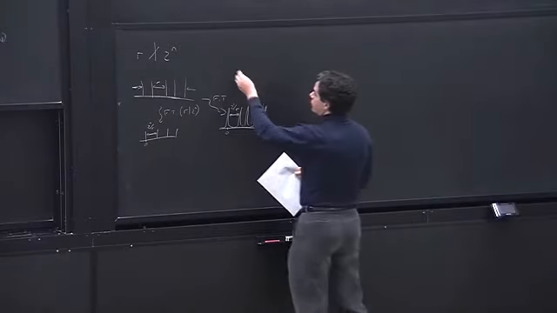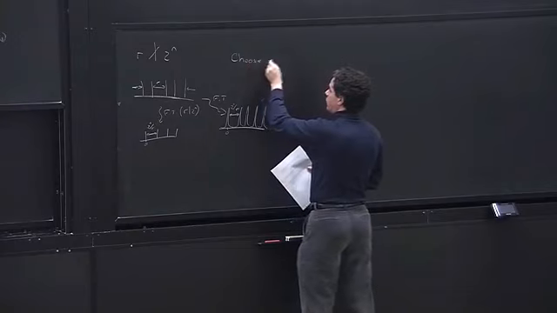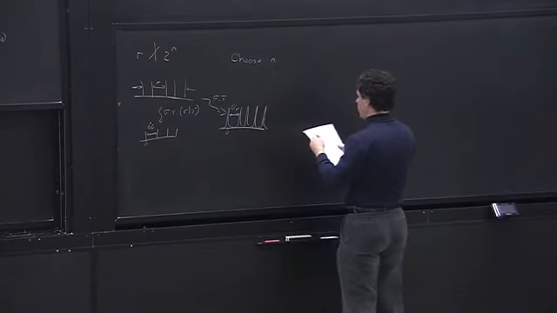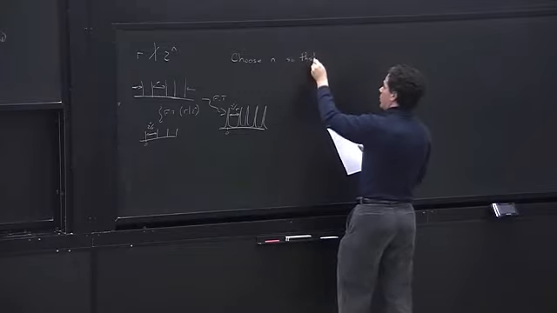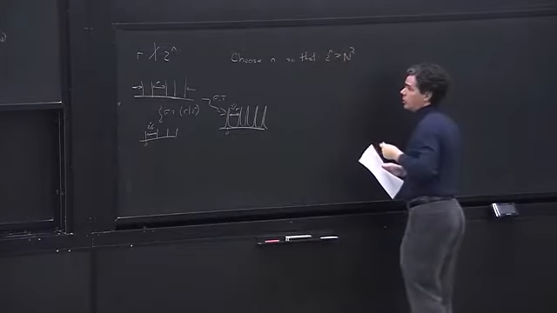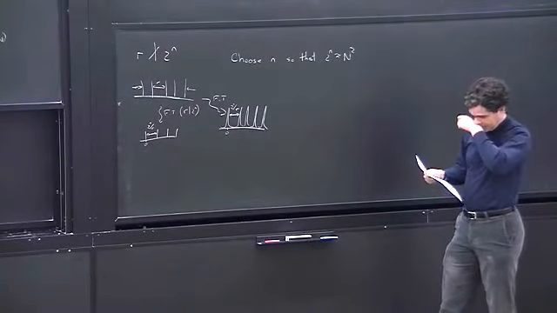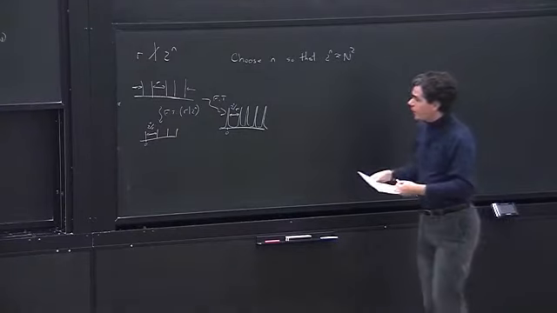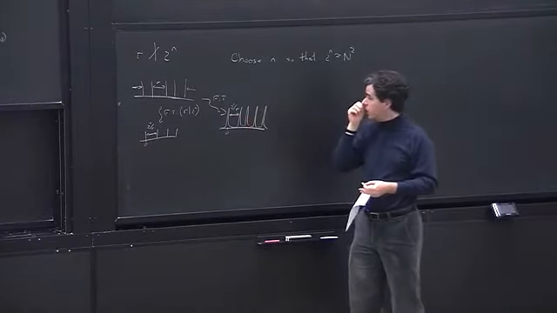So it turns out that if we choose little n so that 2 to the n is roughly big N squared, so little n is about 2 log big N, then we're going to get peaks that are narrow enough for this whole thing to work.